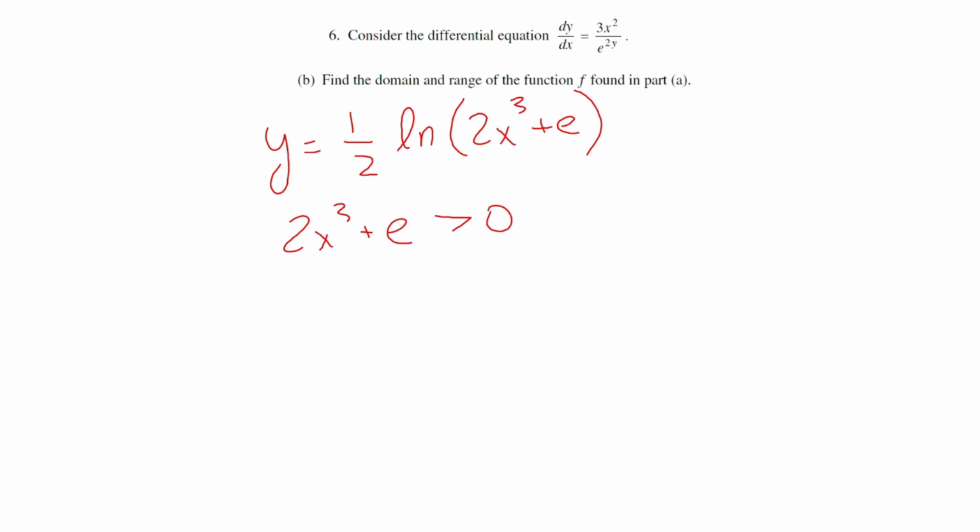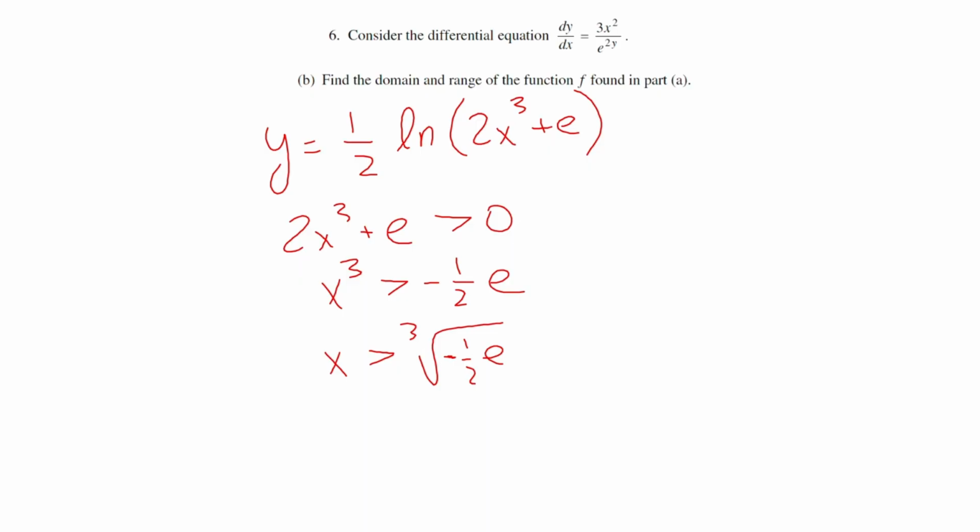And so, well, we can subtract the e and divide by 2 to get x cubed is greater than negative 1/2 of e. And of course, now we can just cube root this. Right? And if x needs to be greater than negative 1/2 of e, then x is going to have to be greater than the cube root of negative 1/2 e.